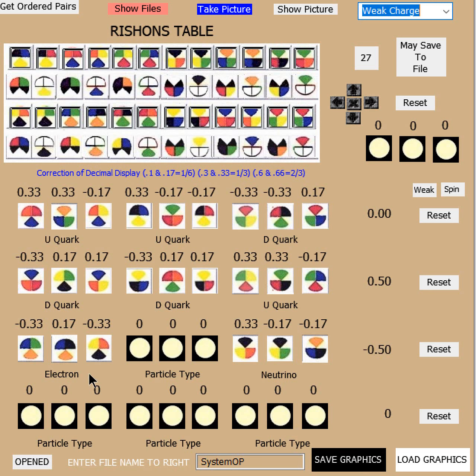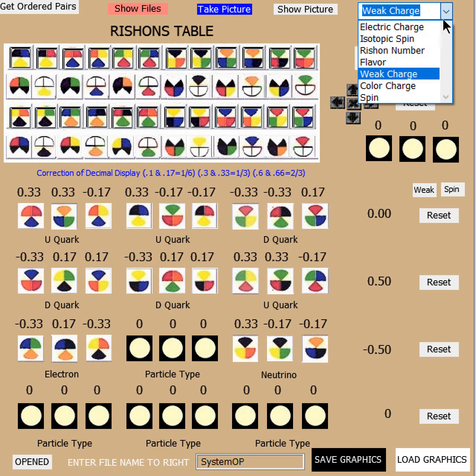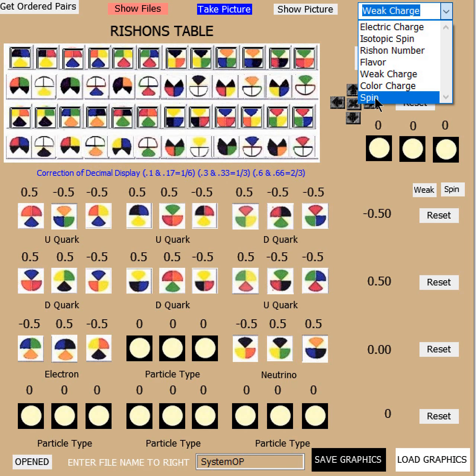And we can go here and look at the electron and see that this left-handed electron then has a -1/2 weak charge, and this actually right-handed neutrino, we'll look and see this is giving us a 0 for the weak charge. So let's make sure that it is displaying a right-handed spin.